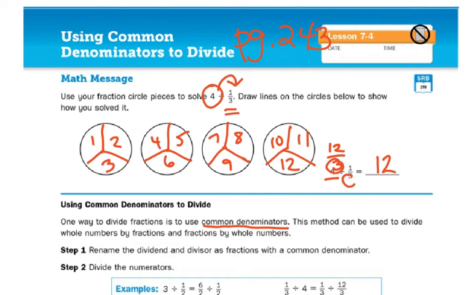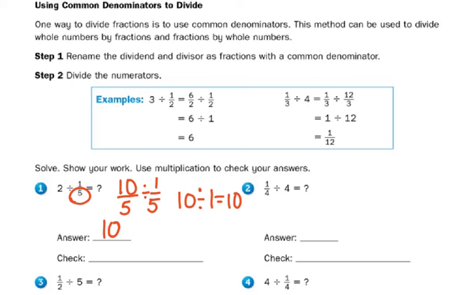Thirds did not change, so we just took 12 divided by 1 gives me 12. So fifths, it's not changing. It's still divided into fifths. Let me prove it to you. If the answer is 10, and I do the inverse and multiply by 1/5, 10 times 1 is 10 fifths, and 10 fifths is the same as 2.